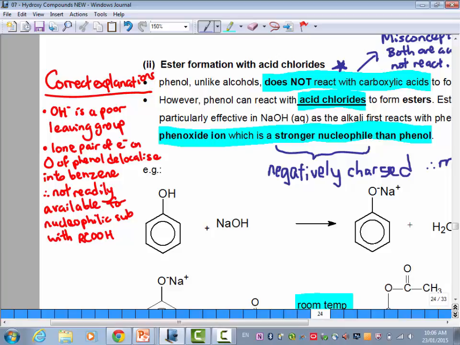Are you all done with the copying? After today's lecture, please do not tell your tutor that phenol and carboxylic acid do not react because both are acidic. That is a big mistake.